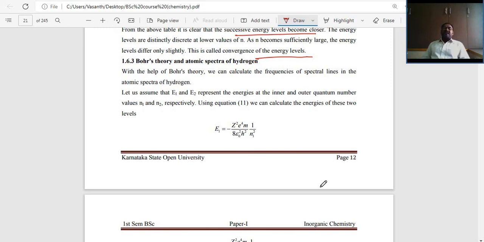Bohr's theory and atomic spectra of hydrogen atom. With the help of Bohr's theory, we can calculate the frequencies of spectral lines in the atomic spectra of hydrogen. We derived the expression of these energies: Z square e to the power of 4 into m by 8 epsilon naught square h square into 1 by n square.